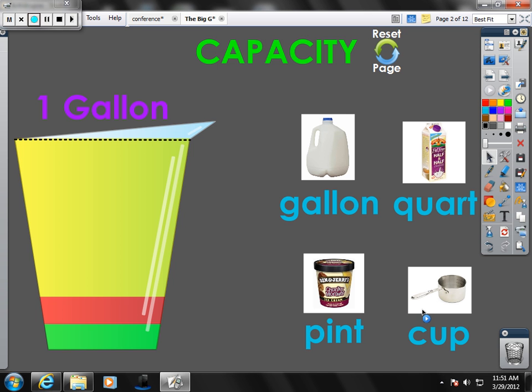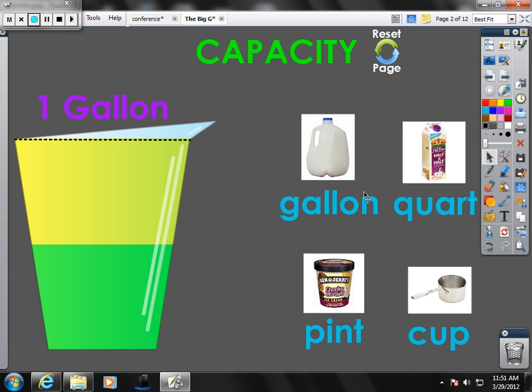So if there are 2 cups in every pint, that means if I have 2 pints, there's 4 cups. And if I have 3 pints, there's 6 cups. And if I have 4 pints, which is a half a gallon, which is equal to 2 quarts, there were 6 here, 7, 8 cups in 2 quarts, which is a half gallon.